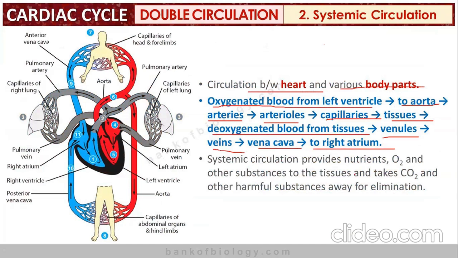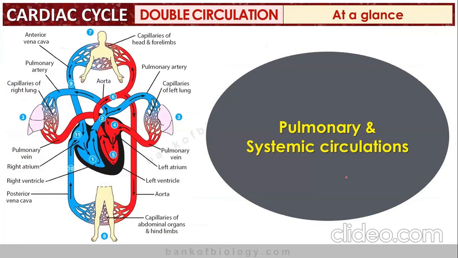This systemic circulation provides nutrients, oxygen, and other substances to all the tissues, and it gets back the CO2 and the harmful substances from them in exchange for elimination. So this is pulmonary and systemic circulation.